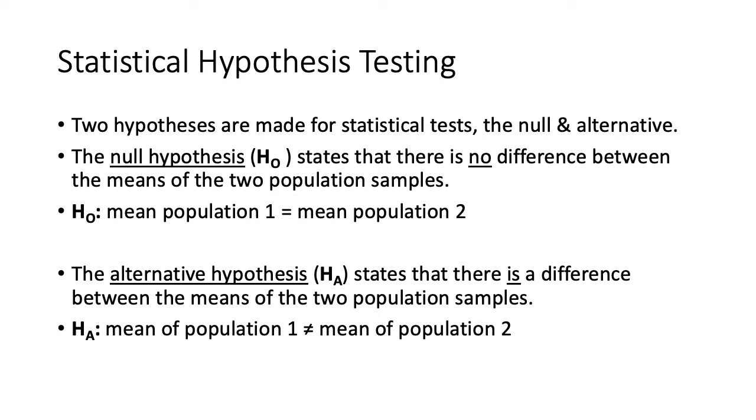Now, if that is rejected, then we go with the alternative hypothesis, which simply states that there is a difference between the means of the two samples representing two different populations. So the mean of population 1 would not equal the mean of population 2. We're not saying anything about which mean is greater or lesser. We're just saying whether the means are equal or not equal.